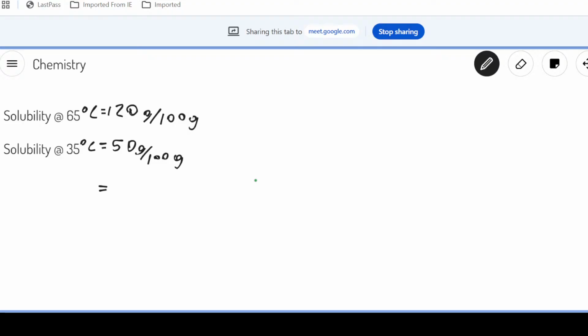One gram of water is equivalent to one cm cube of water. So the mole that we just found is the amount in 100 cm cube.